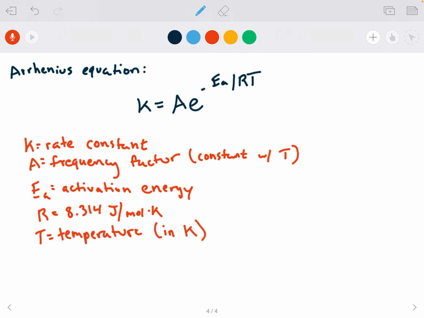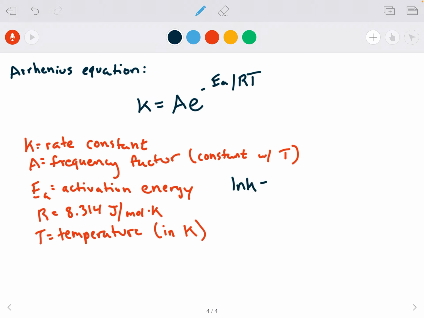I know this equation can look a little confusing in this form. So if you want to, you can take the natural log of both sides to eliminate this exponent. And doing that may make it a little easier to see.